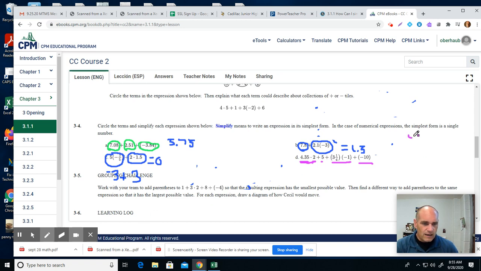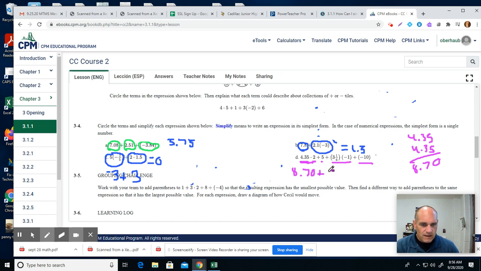So I can think of that as 4.35 and 4.35. I can add them together or multiply by 2, whatever you want to do. It gives me 8.70. So this first part becomes 8.70. Let's see.